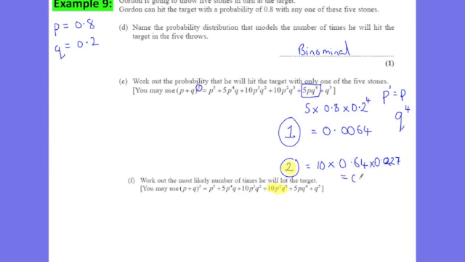Multiplying this out gives us our probability of 0.05 here. What about the probability of hitting the target 3 times?